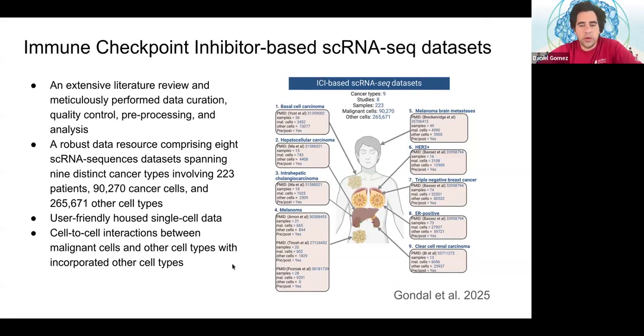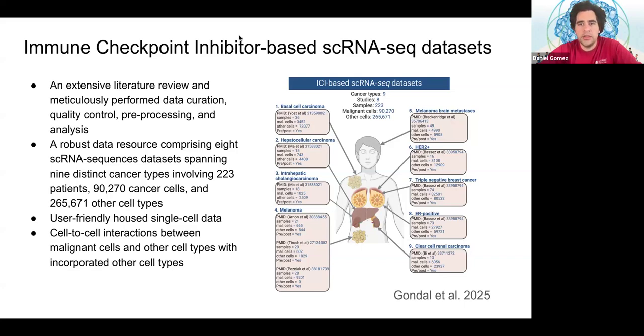All right, so first I wanted to start with immune checkpoint inhibitor-based single-cell RNA-seq data sets. There was an extensive literature review and meticulously performed data curation, quality control, pre-processing, and analysis, and a robust data resource comprising 8 single-cell RNA-seq datasets spanning 9 distinct cancer types involving 223 patients, 90,270 cancer cells, and 265,671 other cell types.